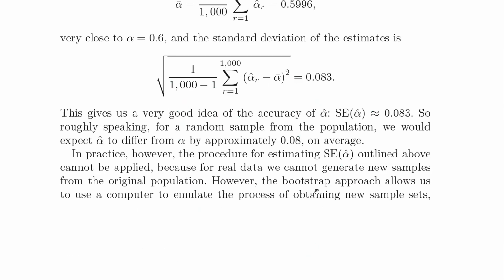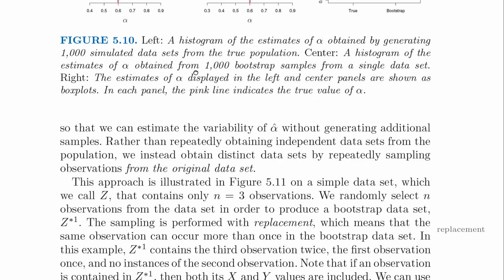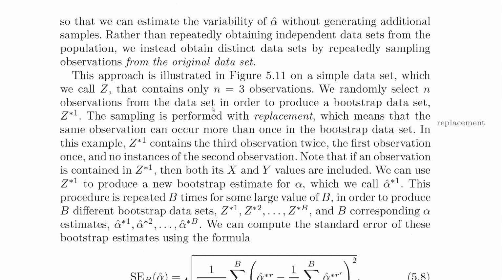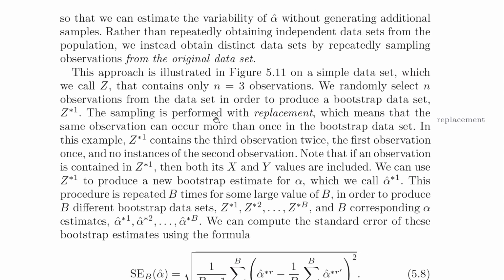However, the Bootstrap approach allows us to use a computer to emulate the process of obtaining new sample sets so that we can estimate the variability of alpha hat without generating additional samples, rather than repeatedly obtaining independent datasets from the population.